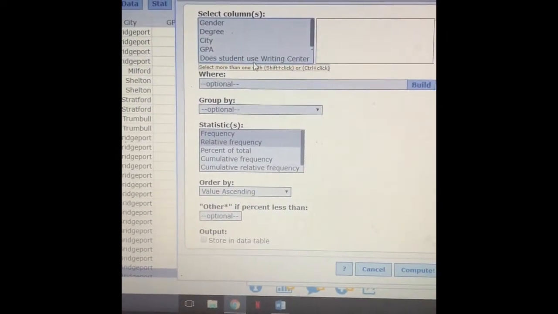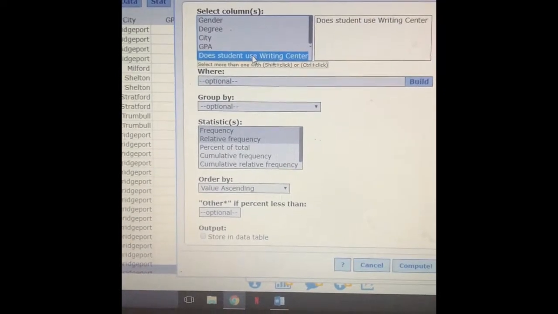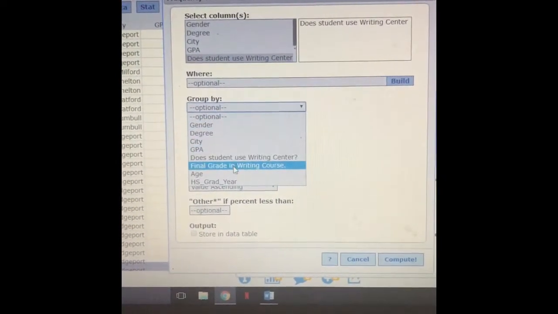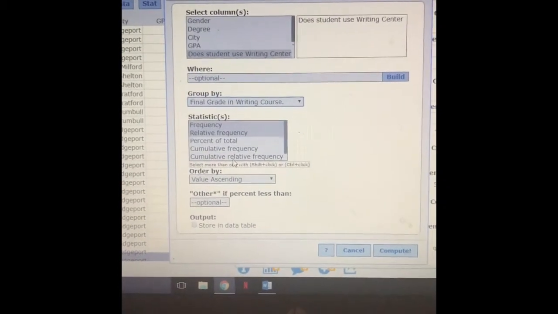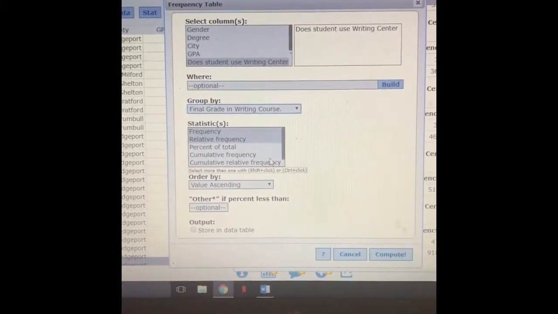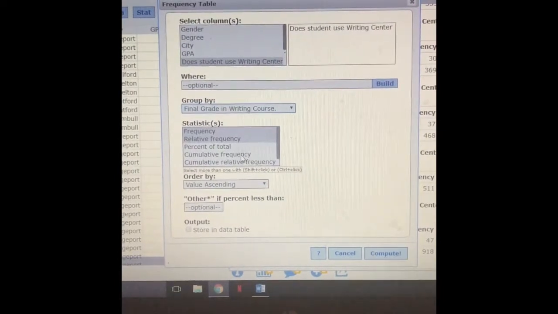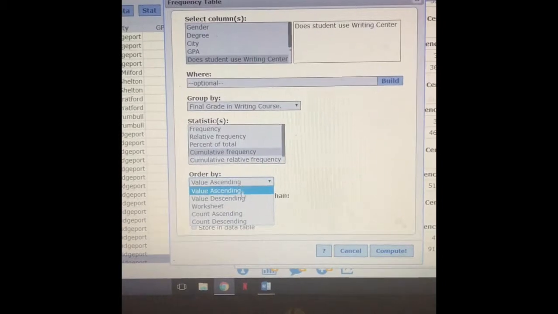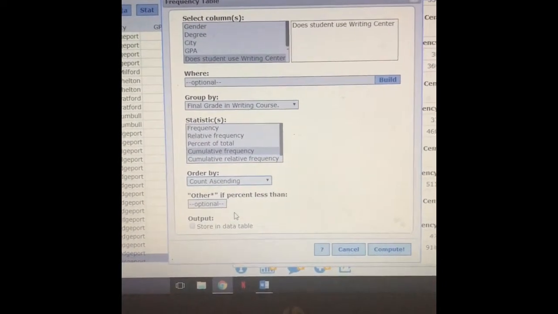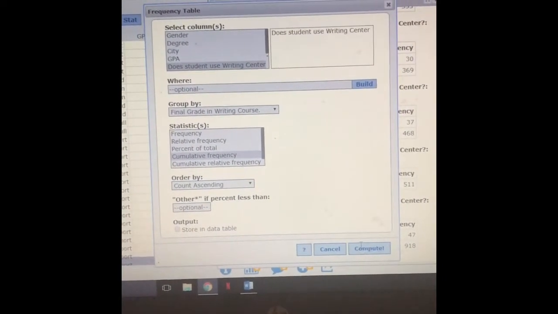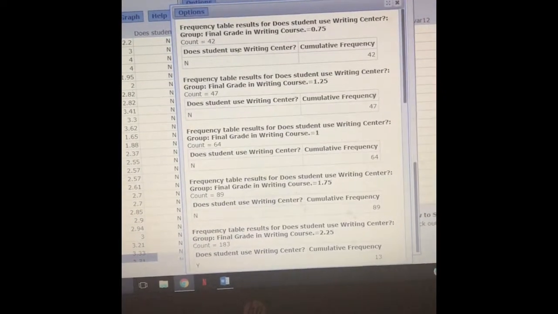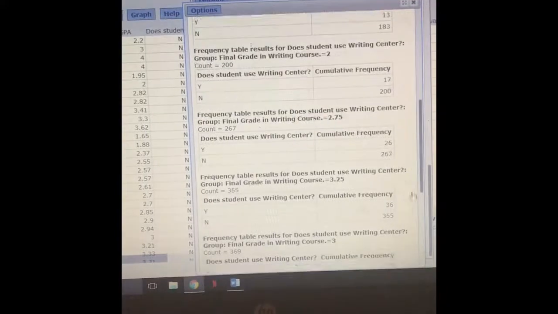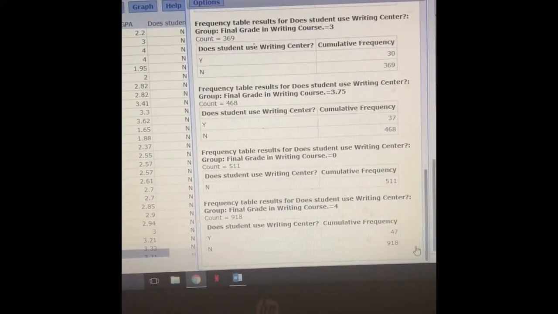Once there, I chose the students use the writing center and grouped it by final grades in the writing course. And I chose cumulative frequency, and I ordered by count ascending, and then I computed, and it brought me down to the table, and I went to the highest grade, which here you go, as you can see.